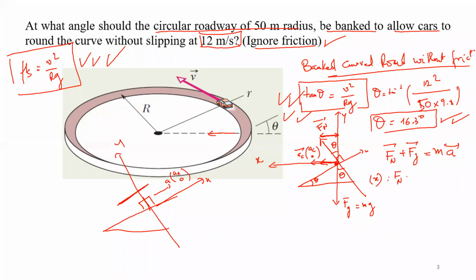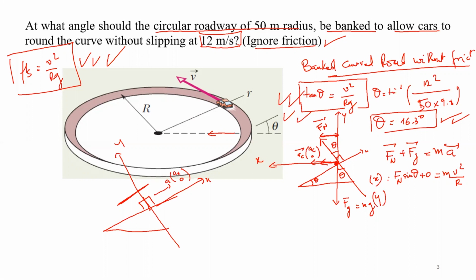Fn cosine or sine? What do you think? Sine. Sine theta. Thank you very much. Yes. And the gravitational force along x is of course 0, because the gravitational force is purely along y. And this is equal to ma, but a is a centripetal acceleration along x, which is v squared over r.